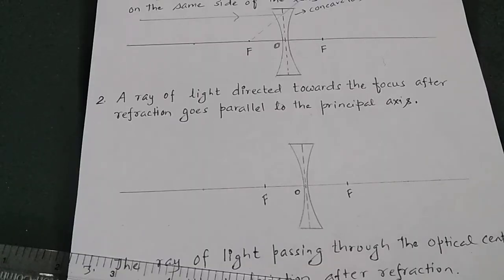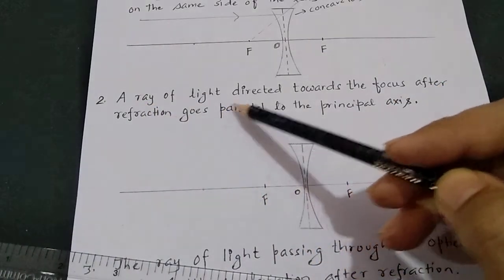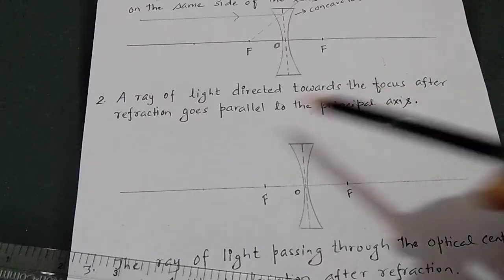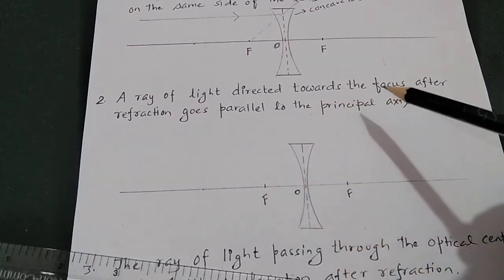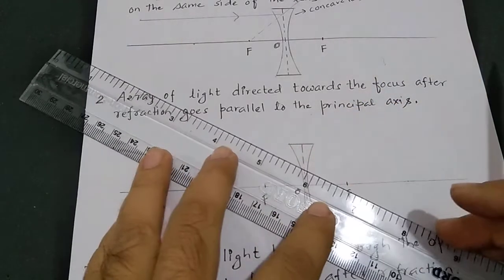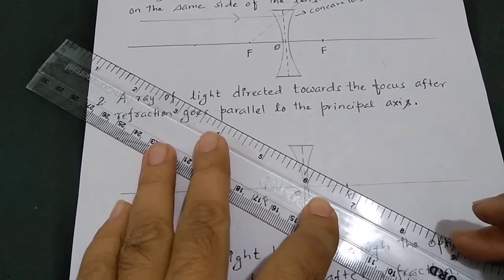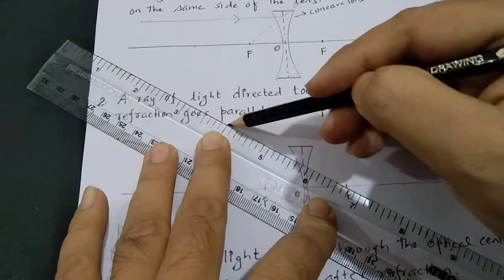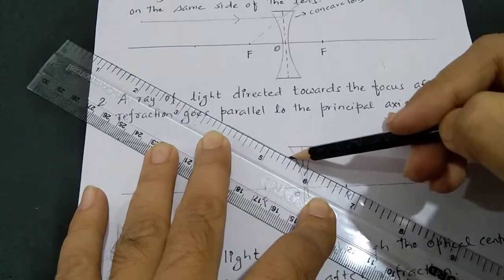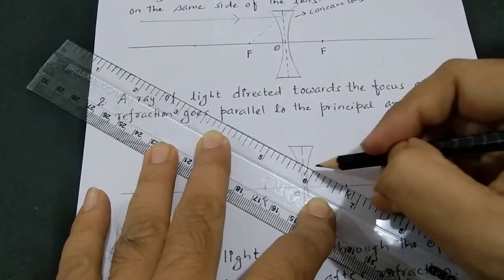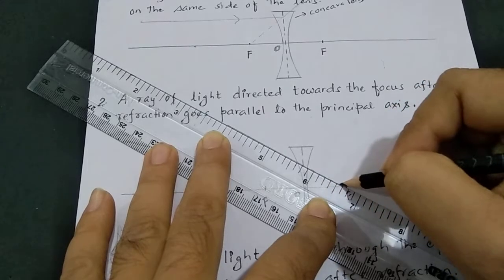Now friends, let's move into rule number 2 for the concave lens. What does rule number 2 say? A ray of light directed towards the focus, after refraction, goes parallel to the principal axis. So we set our measuring scale this way. The ray of light is directed towards the focus.